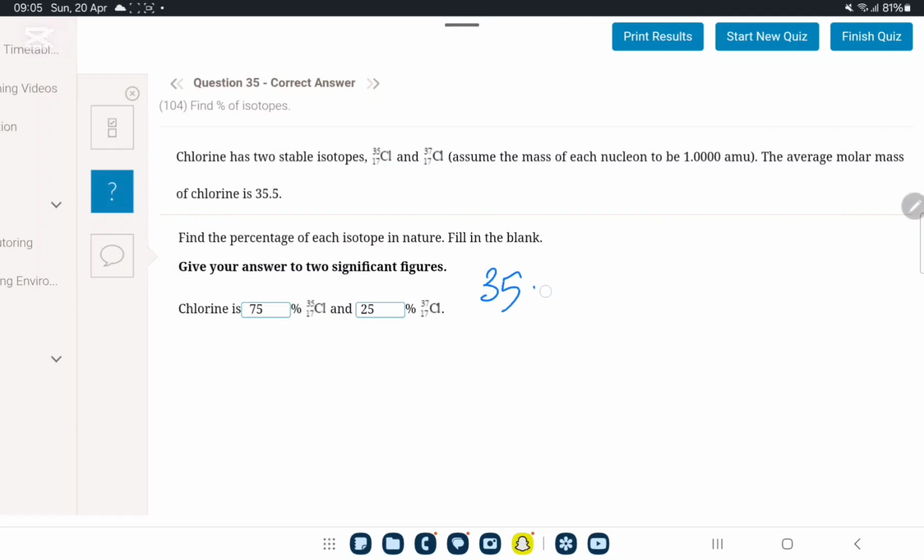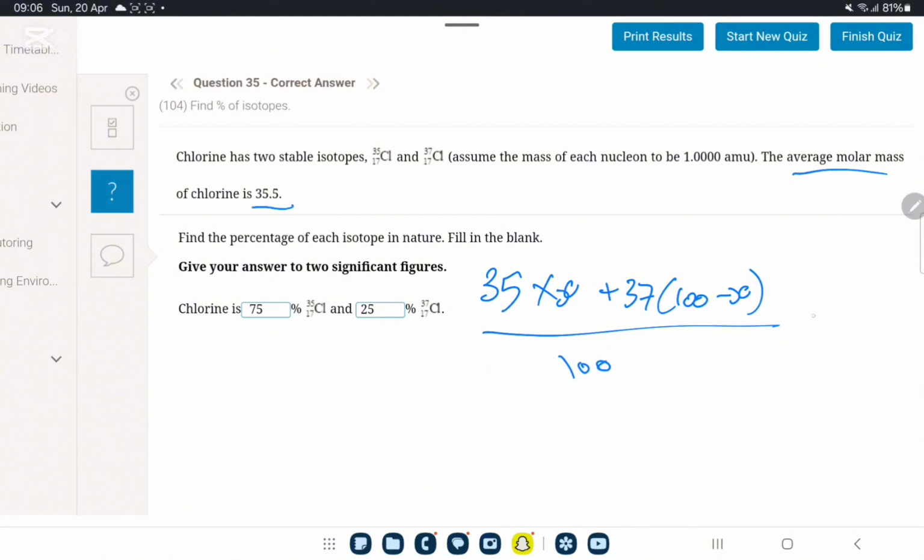So 35 times x% plus 37 times 100 minus x%. These two x's, when you add them, they're going to make 100. So the x's cancel. That's what you do if they don't give you the percentage and they want you to find it over 100. And they gave you the average molar mass is 35.5.